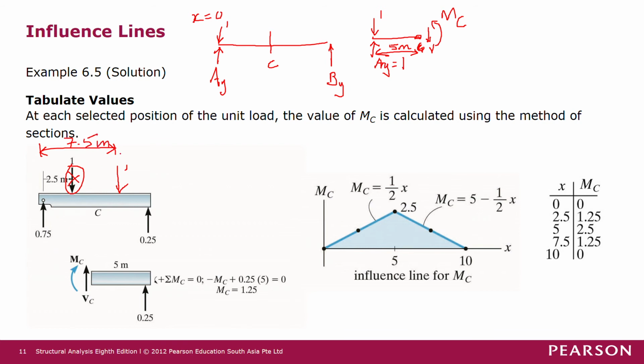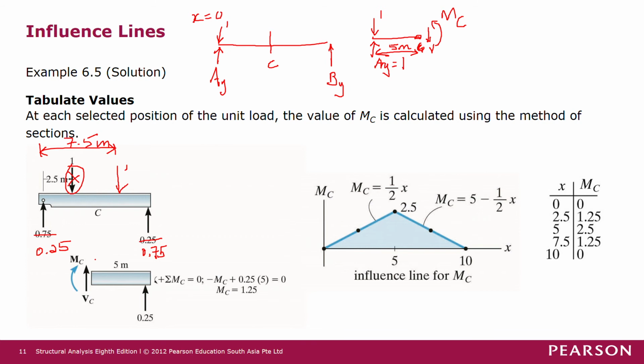Okay, so if the 1 unit force is at 7.5 meters, then this reaction will be 0.25, and this reaction will be 0.75.